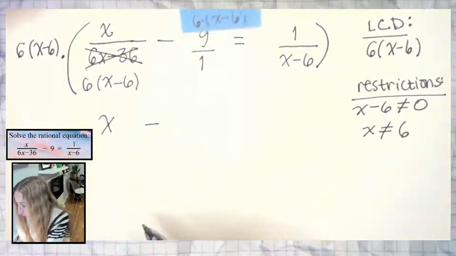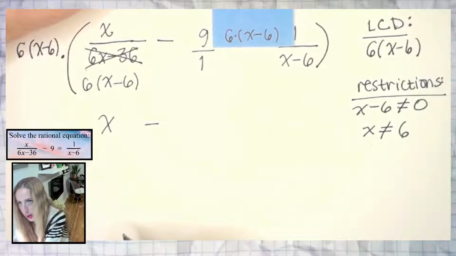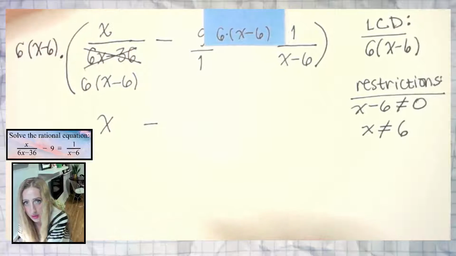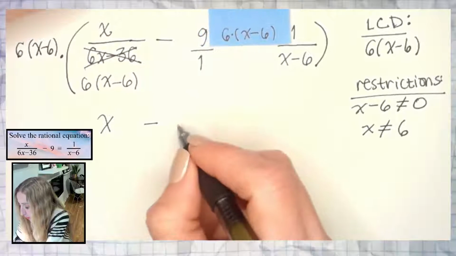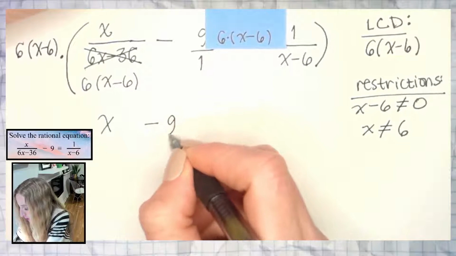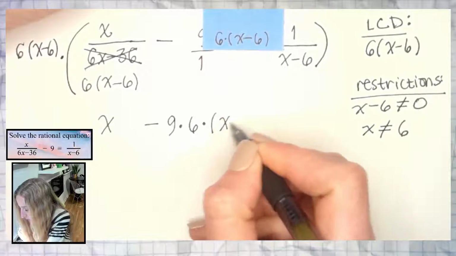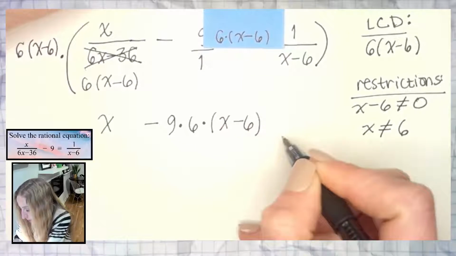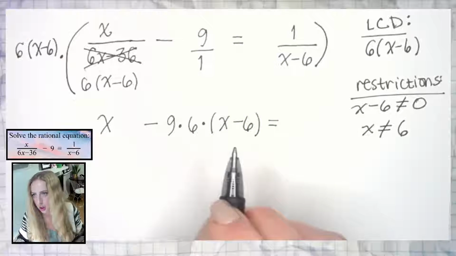Now I'm distributing it in, right? It's going to everybody. I multiply it now by the 9. What, if anything, will reduce? Nothing. We only have a 1 in the denominator. So we have the 9 times the 6 times, if you want to put the dot, you can, you don't have to, times the x minus 6 equals, it doesn't really line up, but best I could do right now.